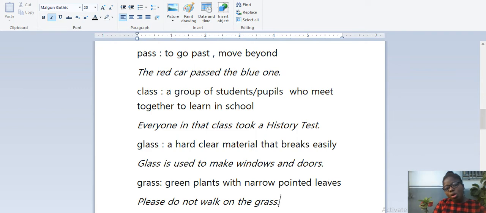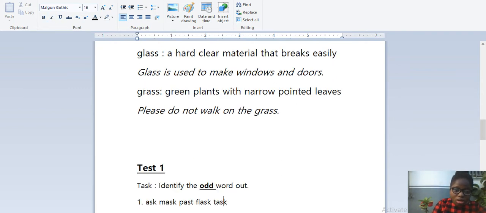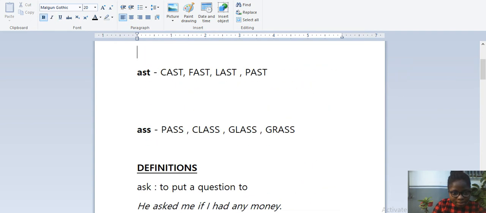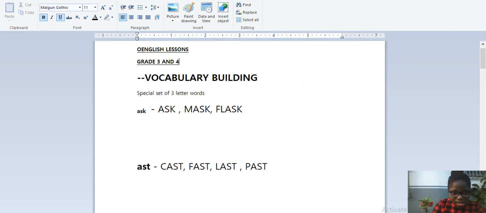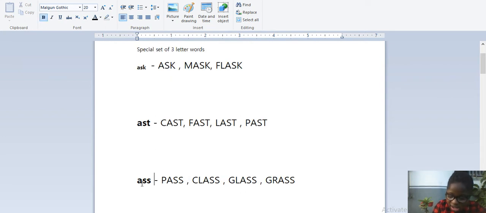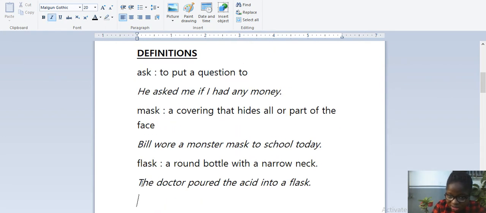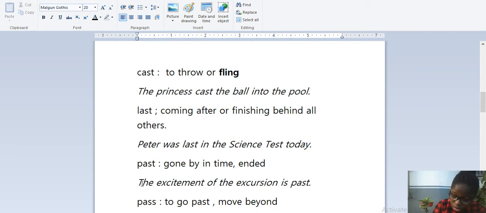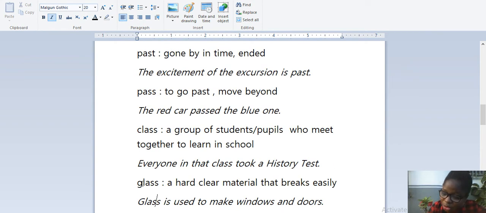Now we've done all these words. I just want us to do a quick recap. All the words we've done under ASK, we've done AST, we've done ASS, we've done all these words with their definitions, and we've looked at a couple of sentences. Now I have a couple of tests for you.